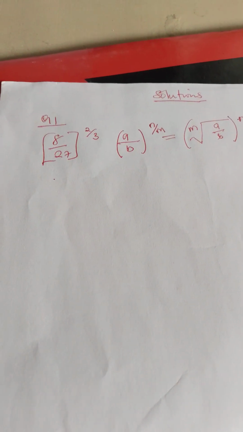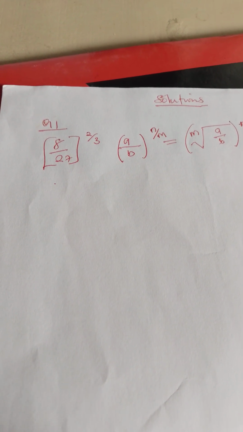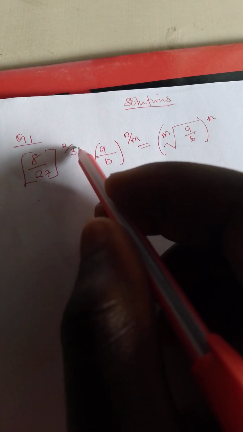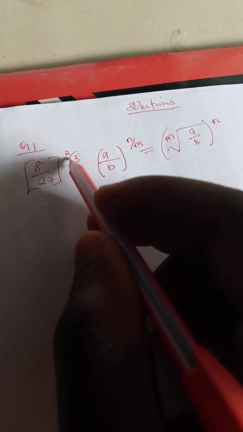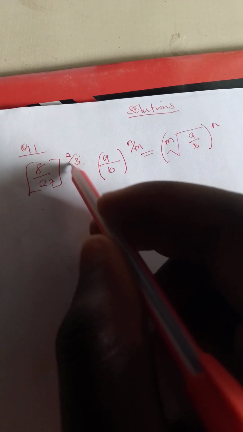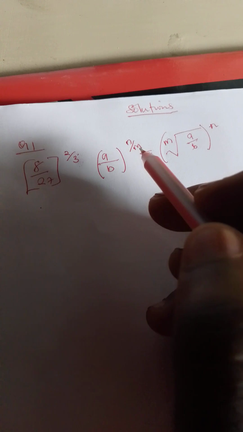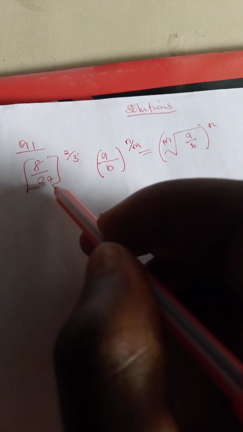I'll assume my a is 8, my b is 27. What is my m? Remember, always the denominator of a fraction on the power is the root of the fraction that you are told to evaluate.